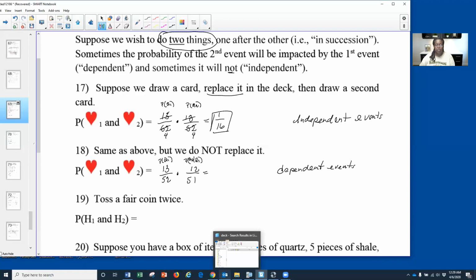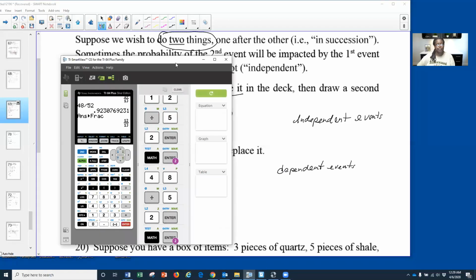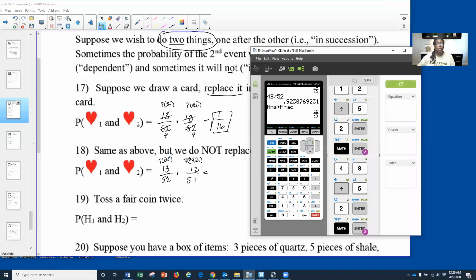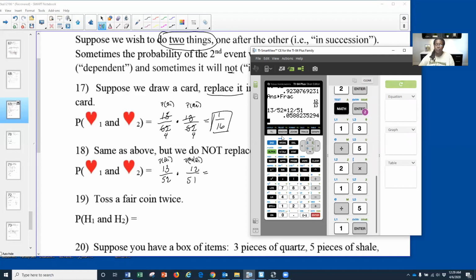So now, we got to do the math. Let's see how it looks in the calculator. Again, remember, you could do it by hand or do it in the calculator. So you have 13 divided by 52, times 12 divided by 51. In some of your calculators, you may need to use parentheses to hold your things together.